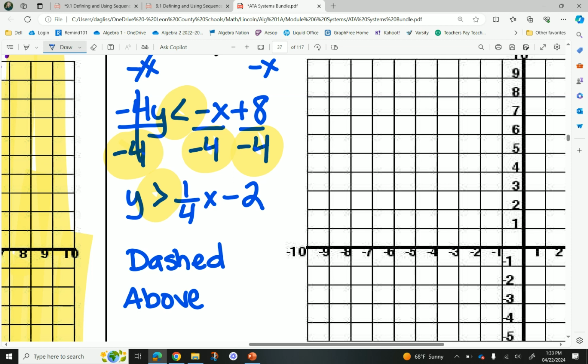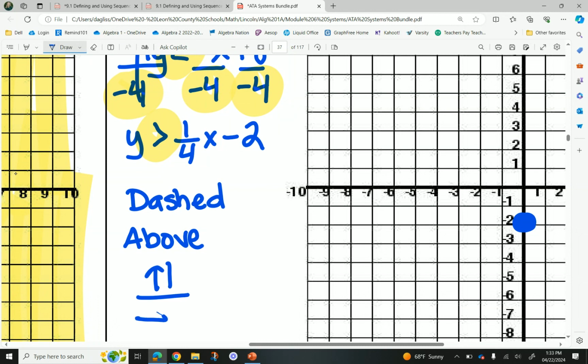Where is this line going to start? At -2 on the x-axis or on the y-axis? On the y-axis. So right here. Again, make your y-intercept an extra big dot, because we're going to definitely need that later. How are we moving from this point?